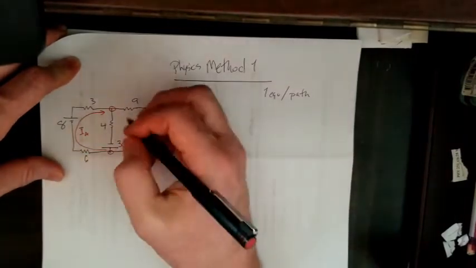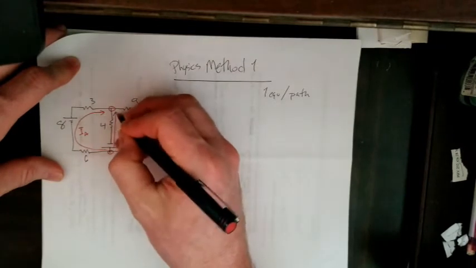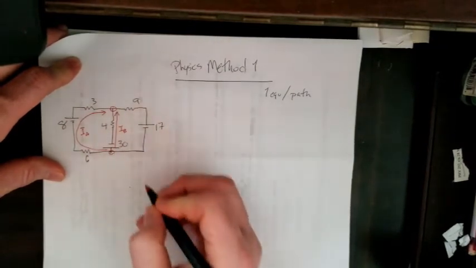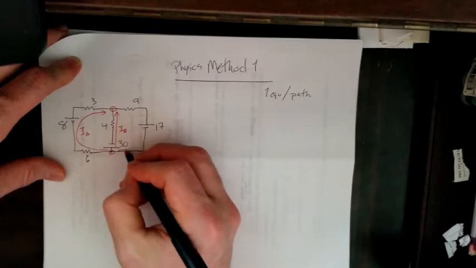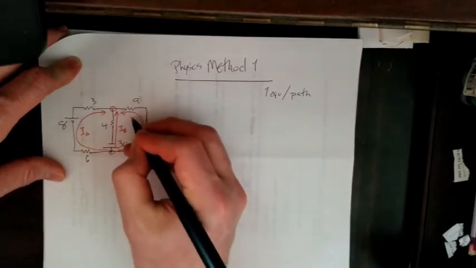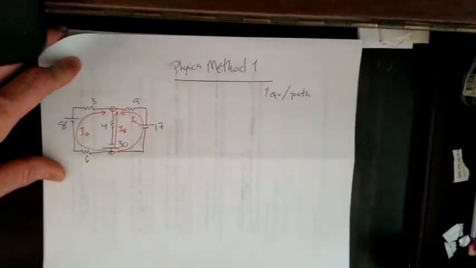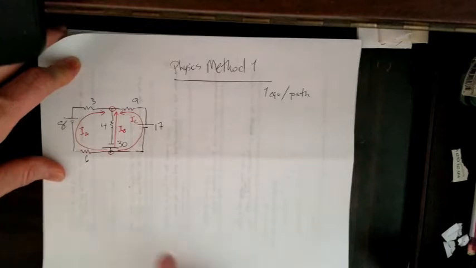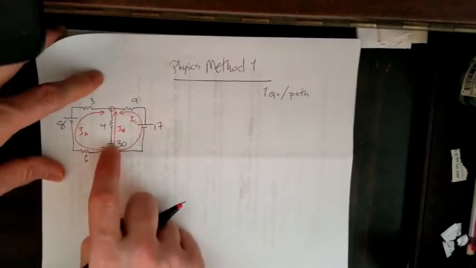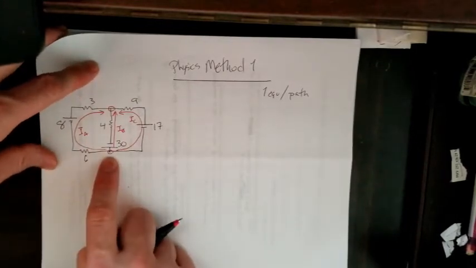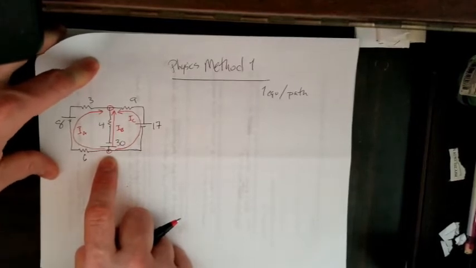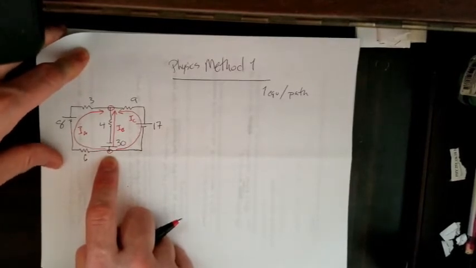In the middle, I'll assume it's flowing up. And on the right side, I'll assume it goes counterclockwise. I could have picked any of them to flow in the other direction. In fact, my gut says this one right here is going down, but I wanted to go through an example where it's going opposite the direction you pick, and that's okay.